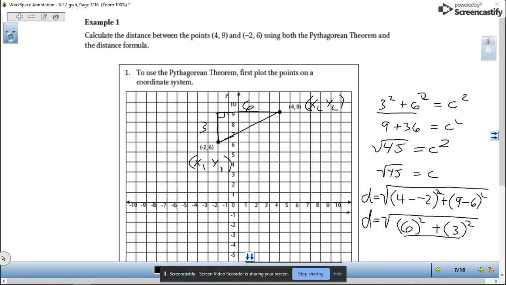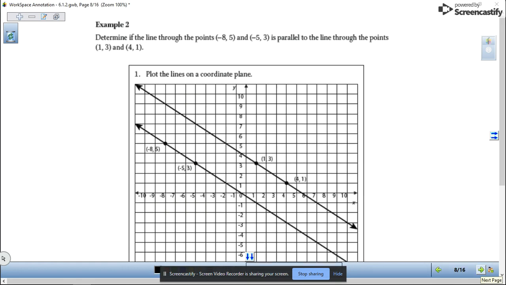So we simplify that, and we get 36 plus 9, so we end up getting the square root of 45 again. And you would, of course, change that to a decimal and approximate it out. For the sake of time, we'll move on with that. I'm confident you can do that now. All right, so let's look at example 2. We proved that distance using those formulas.